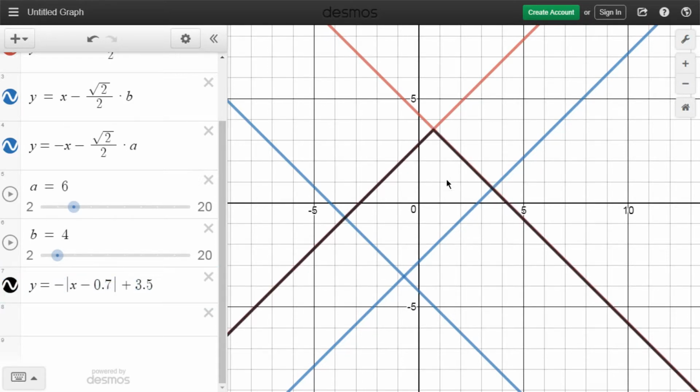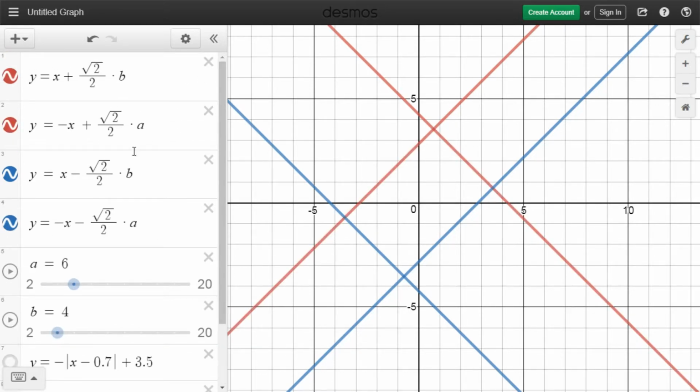In other words, we've just moved it up and to the right. Specifically, we've moved it up a number of units equal to the Y value of this vertex point here. And we've moved it to the right a number of units equal to the X value of this vertex, of this point of intersection, really. Because it is a point of intersection between these two lines over here.